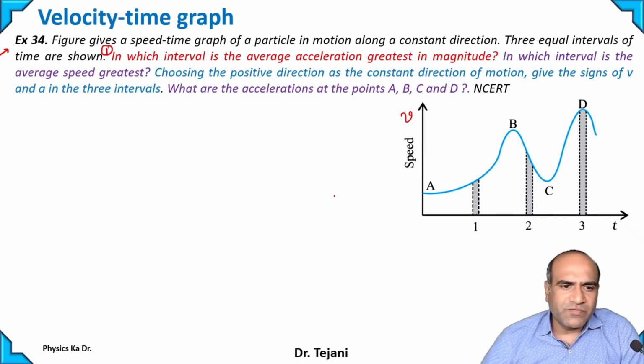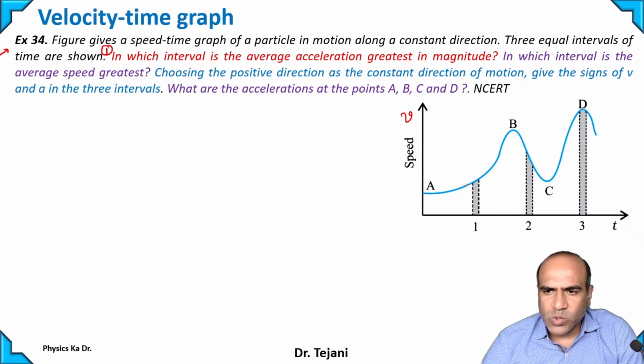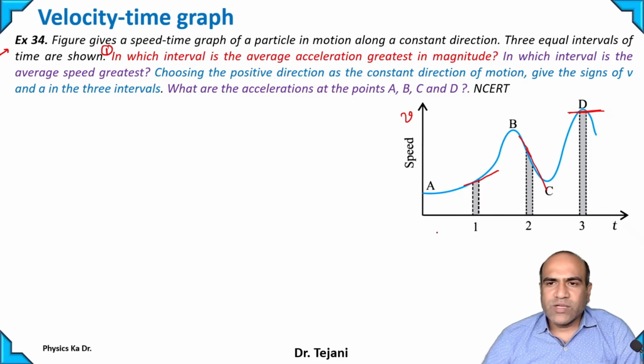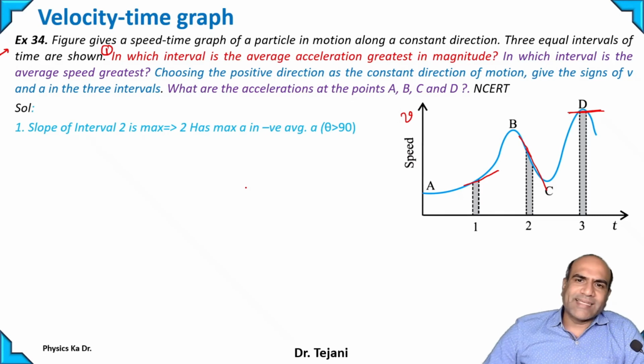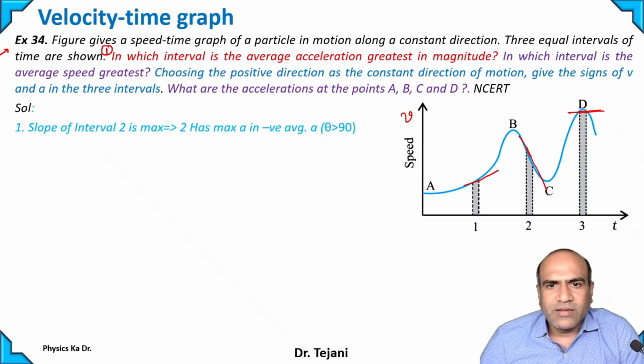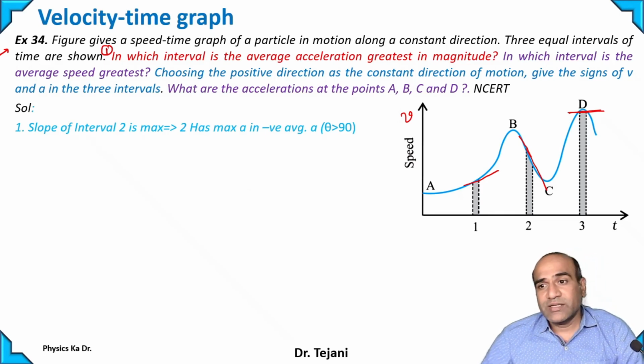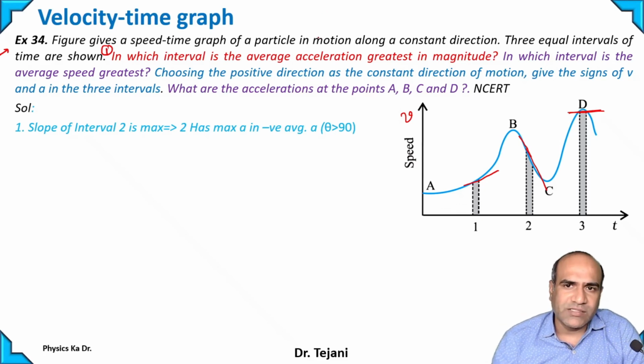For acceleration, we just need the slope. The slope of the first interval is like that. The slope of the second looks much bigger compared to the first, and the slope of the third is flat. So the slope of 2 is maximum, therefore it has the maximum acceleration. The first answer is done.